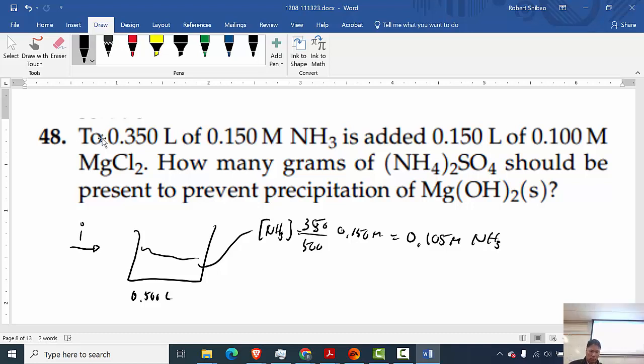And then the magnesium concentration will be a 150 to 500 dilution of 0.100 molar magnesium. So 150 divided by 500 times 0.1, 0.03 molar magnesium plus.